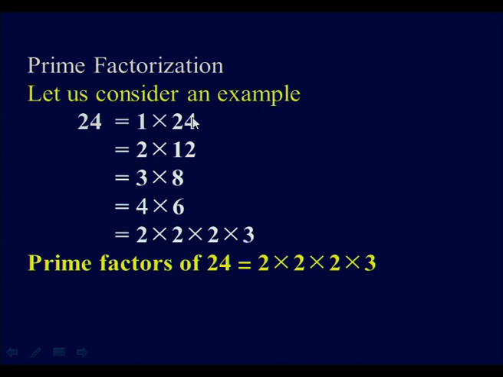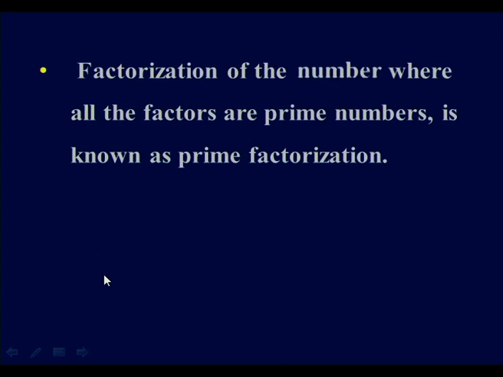So, what is prime factorization? Prime factors of 24, as you see here, you can write them as 2 into 2 into 2 into 3. Now, what do you mean by prime factorization? If you can write a number as the product of factors which are all prime numbers, then it is known as prime factorization.